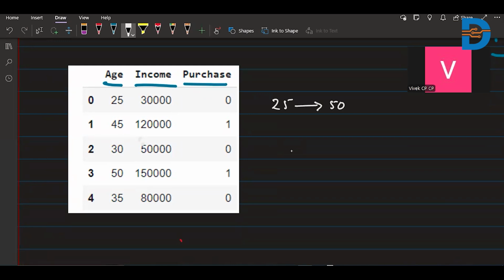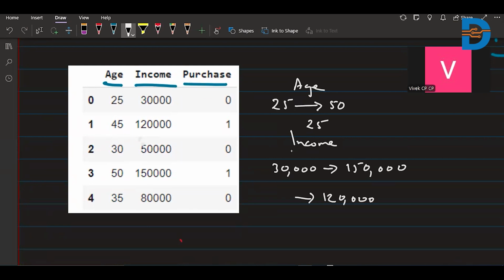And when it comes to income, I'm starting with somewhere around 30,000 and going all the way up until 150,000. So the range for age is about 25, that is 50 minus 25, and for income it is about 120,000.